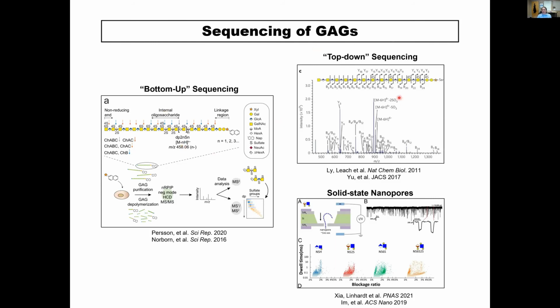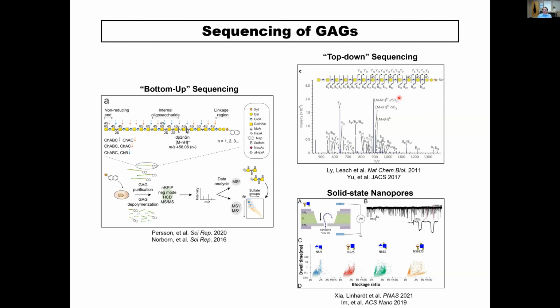But there have also been many advances in what's called top-down sequencing. This is where you take the whole chain or a large oligosaccharide and you use different mass spec techniques to fragment the chains. Then, based on the fragmentation patterns, you can piece back together what monosaccharide subunits and sulfated subunits were attached to each other in terms of understanding the sequencing.